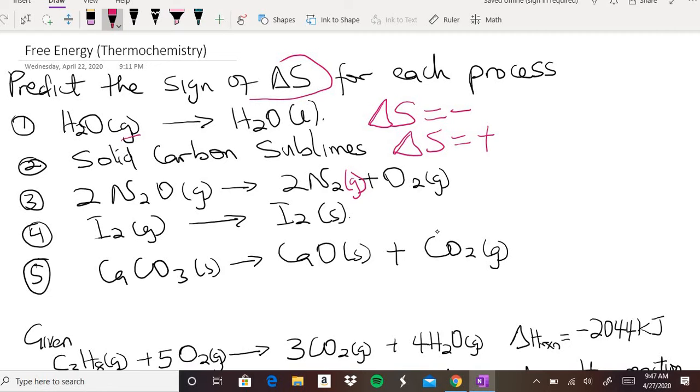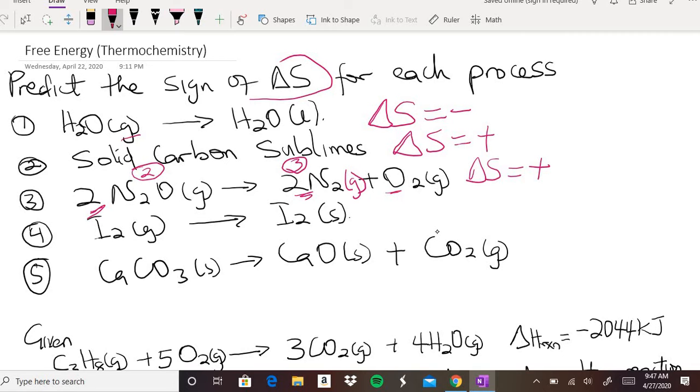In the product here, we have 2 nitrogen and 1 of oxygen, giving 3 moles in total. But for the reactant, we have only 2 of N2O, giving 2 moles. So the product has more moles than the reactant. So we're going to say delta S is positive because there is an increase in the number of moles of the gases.